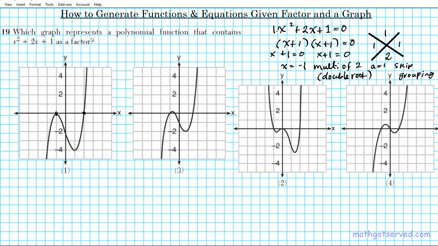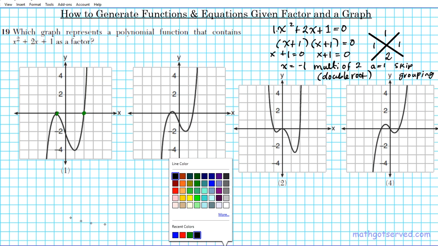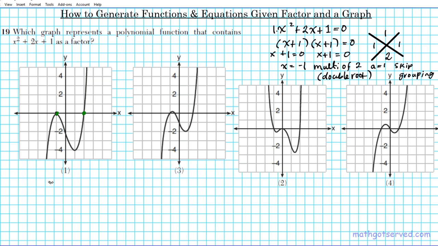We have a double root here, and we have another root here. So what does that tell me? It tells me that the roots of this polynomial function is x equals negative 1. Because it's a double root, it's going to have a multiplicity of 2. And the other root is x equals 2.